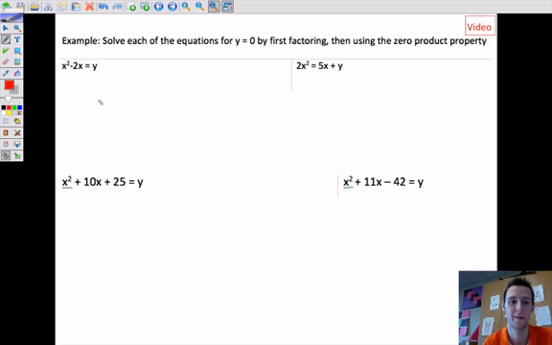So if you don't exactly see right away how to factor each one, just try different things. Like I said, it's a problem solving thing, and you'll start to get better at it just as you do it more. The first step always, though, is if you have an equation like this, plug in 0 for y.